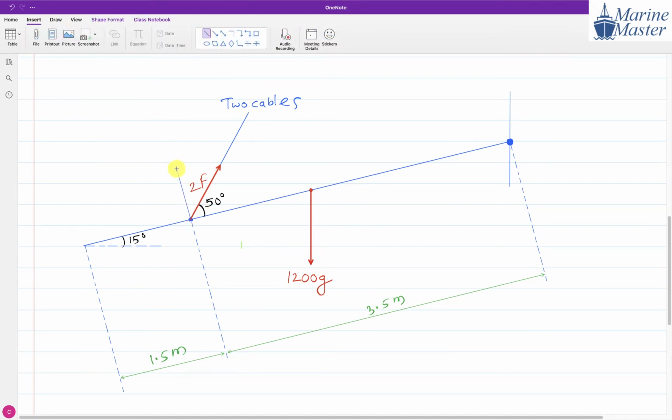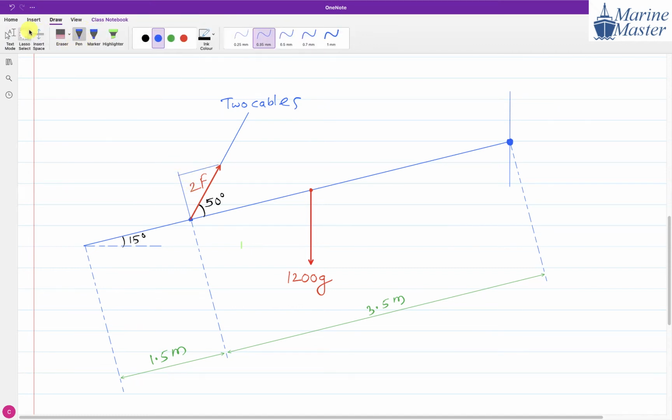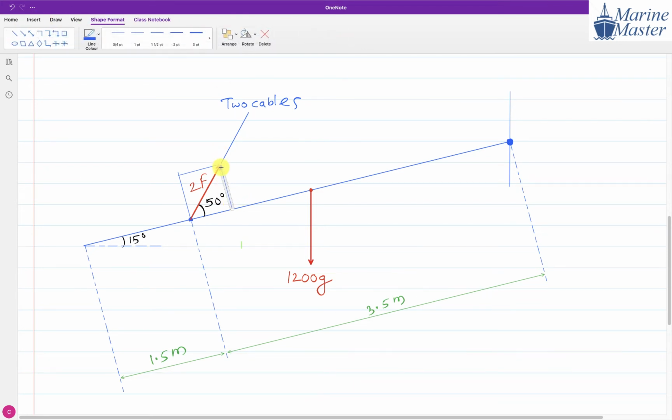One side of the rectangle is perpendicular to the ramp, so we extend this line perpendicular to the ramp. Then another line, this one, will be parallel to the ramp. Then we have another line, which is again perpendicular to the ramp.